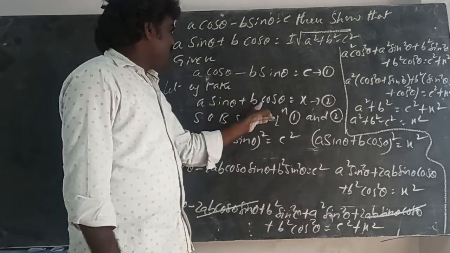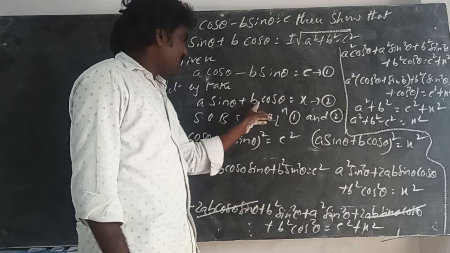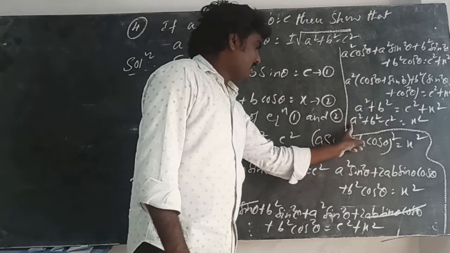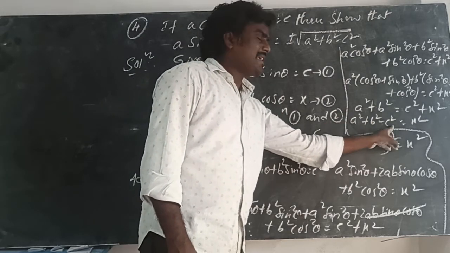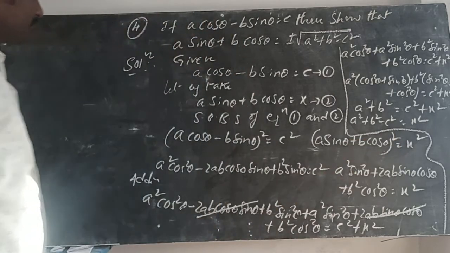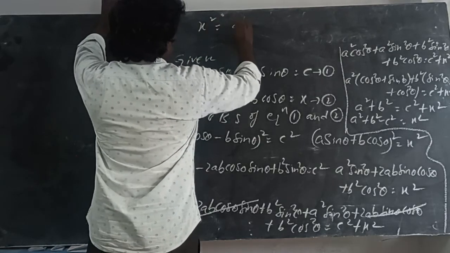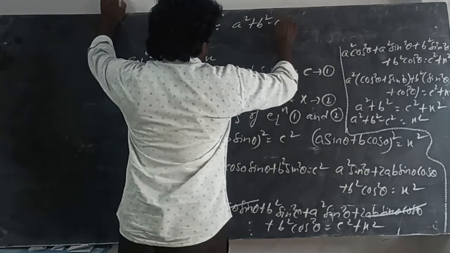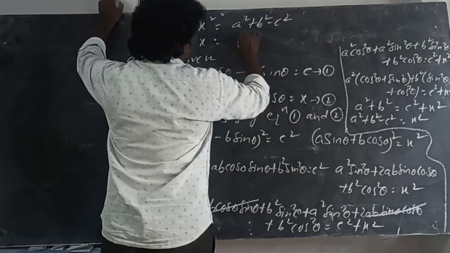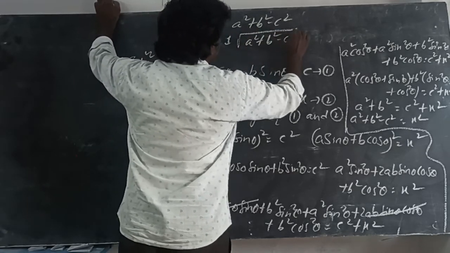A sin theta plus B cos theta is equal to X. Therefore A sin theta plus B cos theta is equal to plus or minus square root of A square plus B square minus C square.